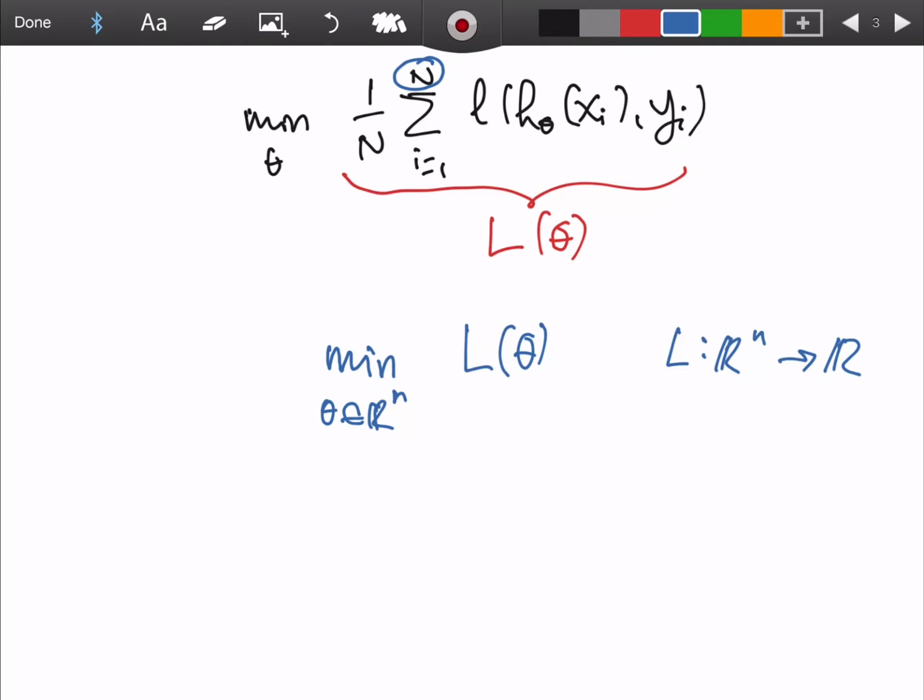And we would like to minimize this function. Our tool for minimization is multivariate calculus, essentially differential calculus of functions of multiple variables. So let's first start with the one-dimensional case and then upgrade ourselves to the n-dimensional case.